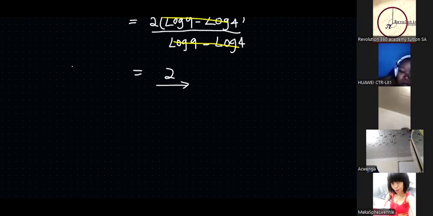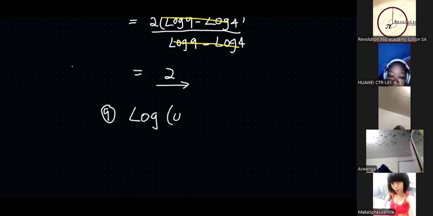So on number 9, we are given log of open bracket 0.0001. They will just say simplify this.